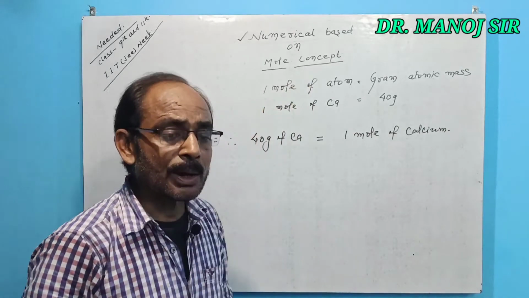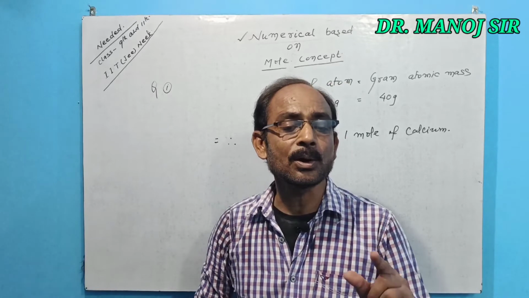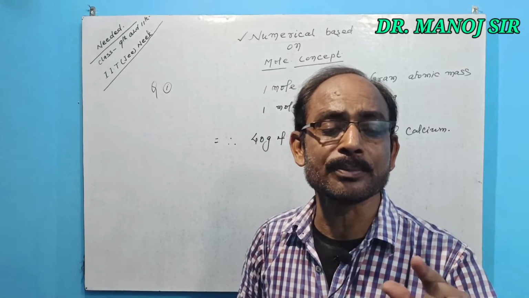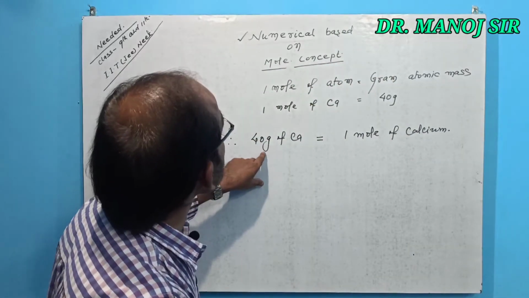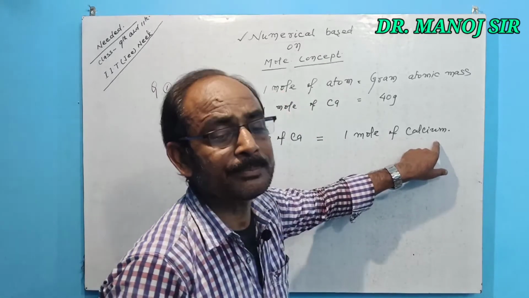Therefore, according to the question, how many moles are 5 gram of calcium? 40 gram calcium equal to 1 mole of calcium.